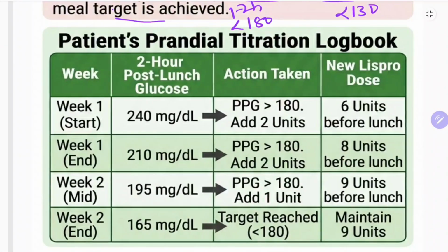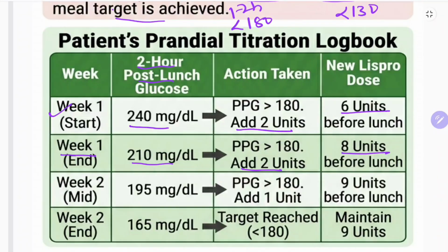Now the patient is given this information. In week 1 his 2-hour post-lunch glucose was 240, so he added 2 units and it became 6 units. In the second week, on the fourth day, he measured the 2-hour glucose and it was 210, so he increased by 2 units and it became 8 units before lunch.